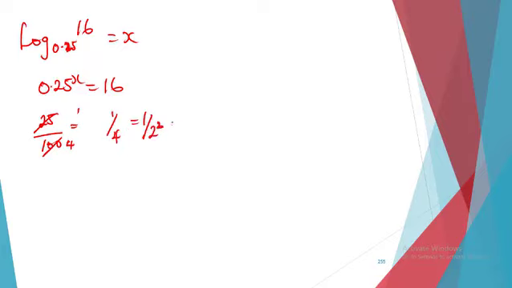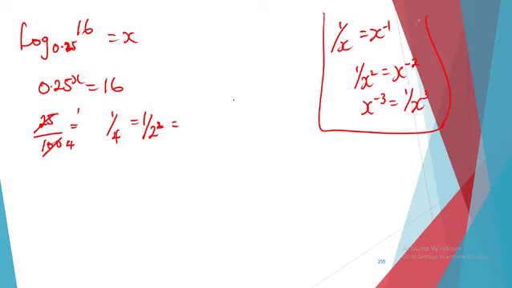Is that correct? And then by the law of negative index, when we have 1 over x, it is x raised to power minus 1. And when we have 1 over x squared, it is x raised to power minus 2. When we have x raised to power minus 3, it is 1 over x raised to power 3. So with this idea, we now have this to be 2 raised to power minus 2.